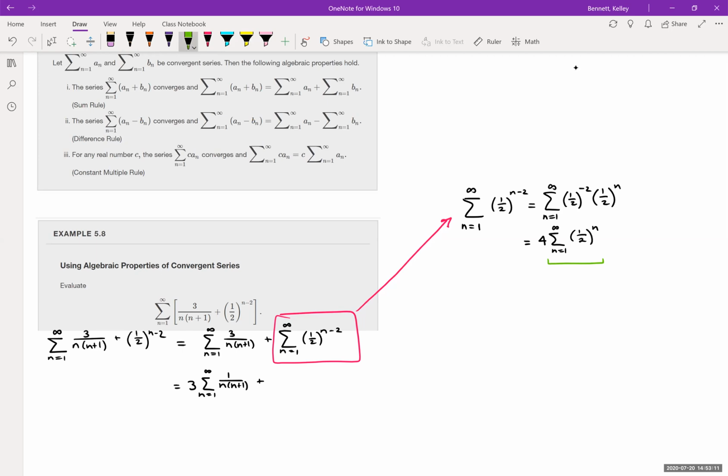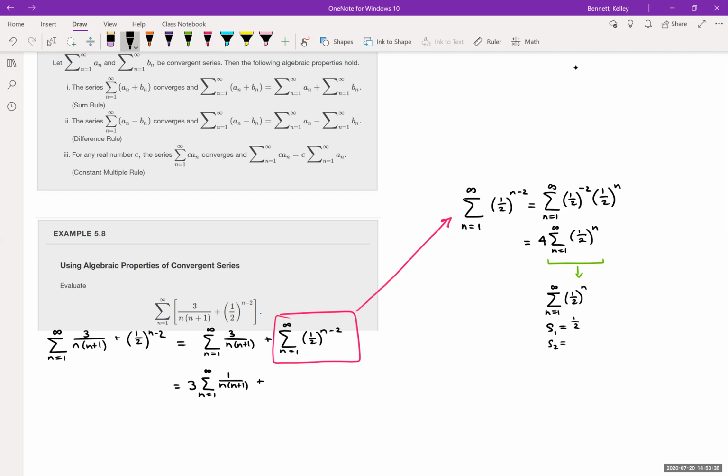I'm going to use partial sums to determine what this is. You've probably seen this before. It's a very, very popular series called the geometric series. So S1, I'm not going to write everything out, but S1 is 1/2.